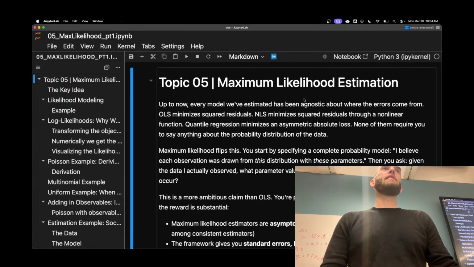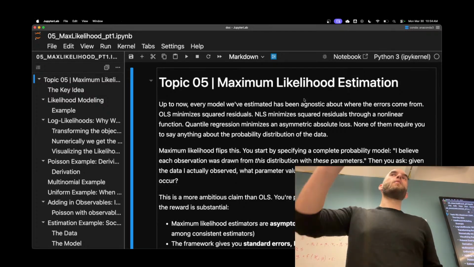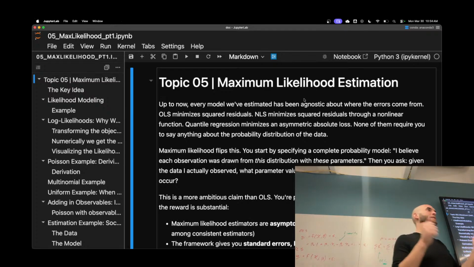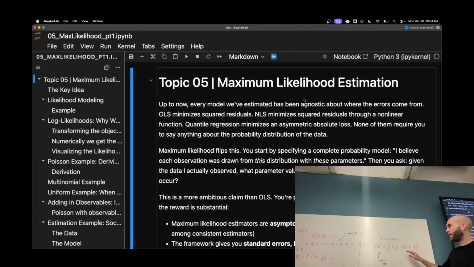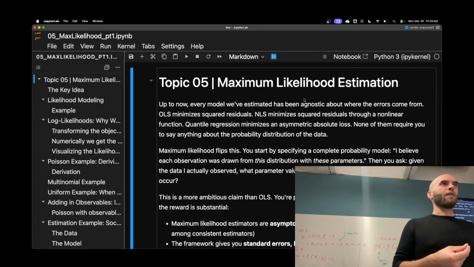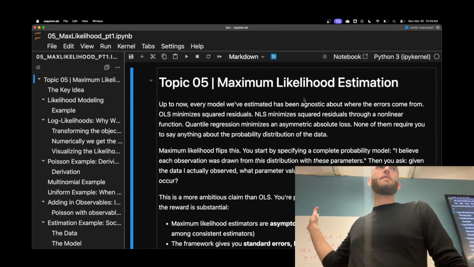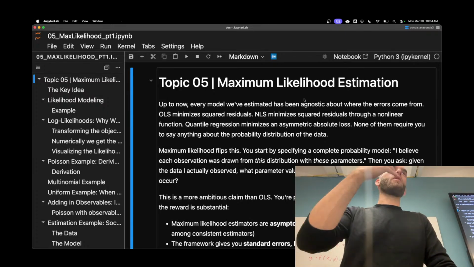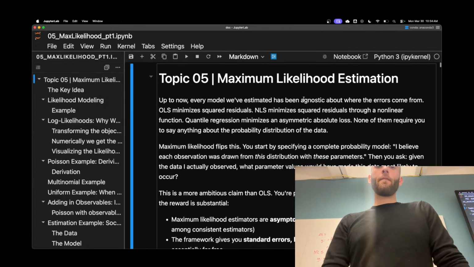But in all of these cases, we sat down and built an objective function where we didn't need to make any claims about where the data came from. We were building a function to make the predictions, but we were not making claims about the function of the errors or of the data.